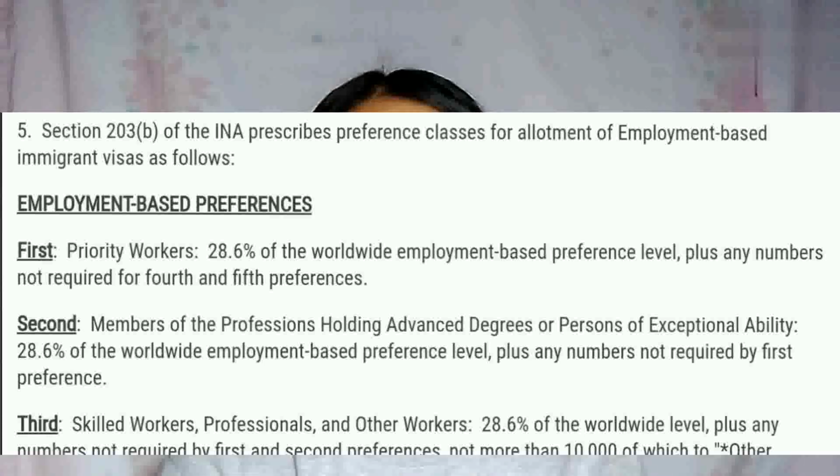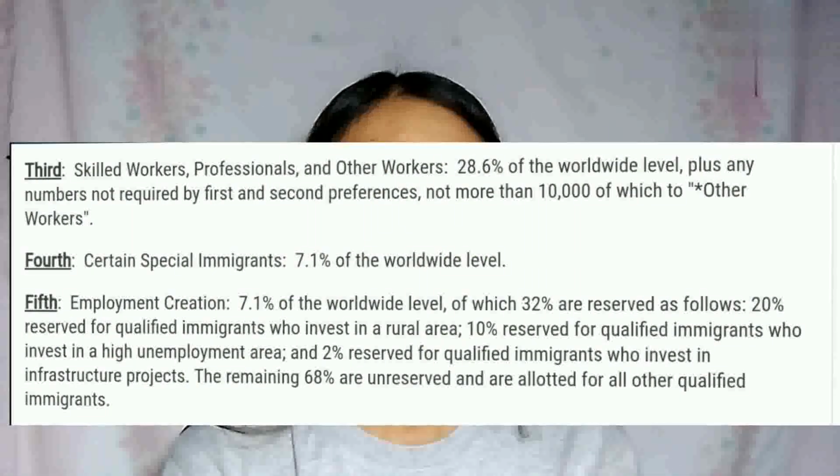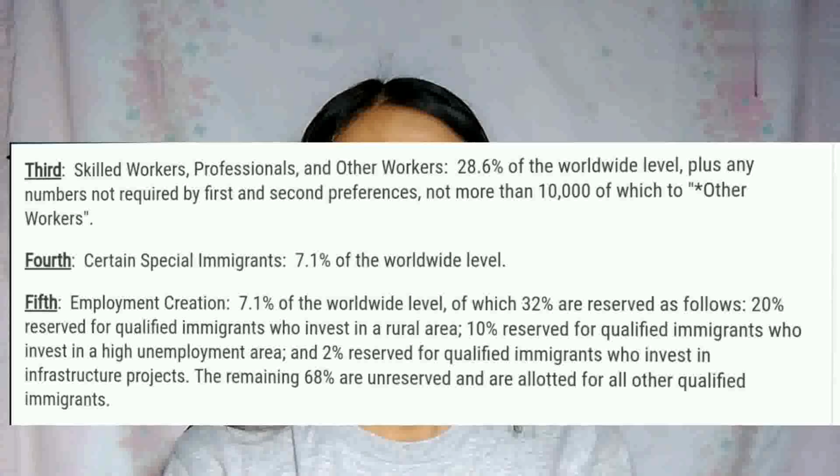28.6% of the worldwide level, plus any numbers not required by first and second preferences, not more than 10,000 of which to other workers. Fourth, certain special immigrants, 7.1% of the worldwide level.